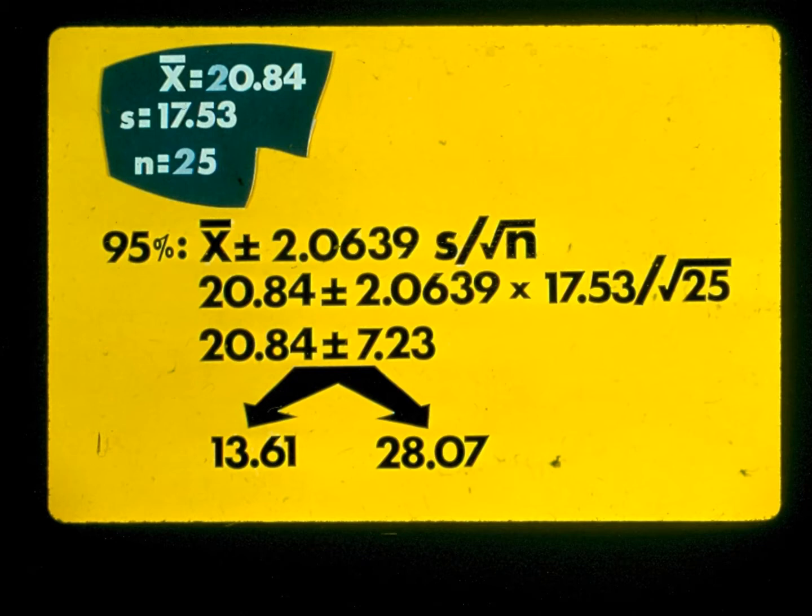Thus we have 20.84 plus or minus 2.0639 times 17.53 divided by the square root of 25, which simplifies to 20.84 plus or minus 7.23, which gives 95% confidence limits of 13.61 and 28.07.